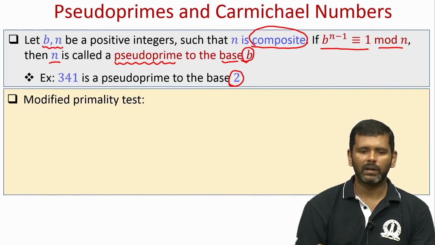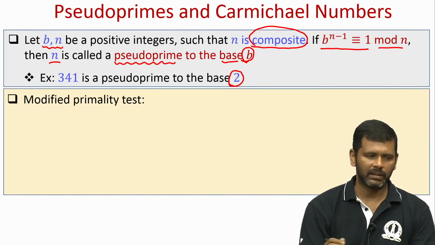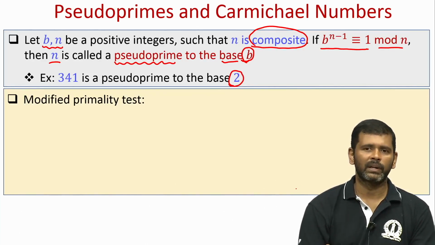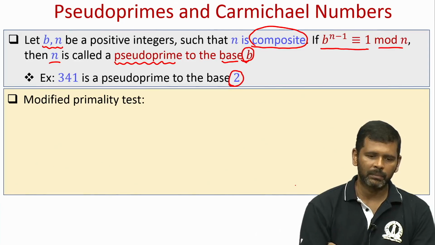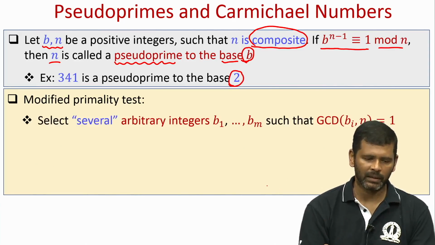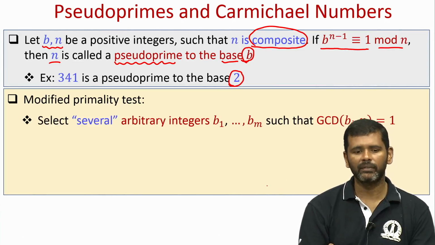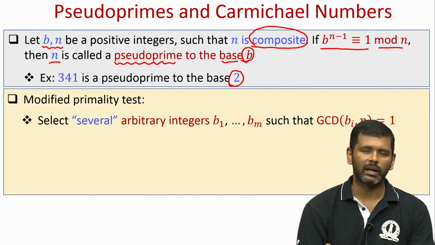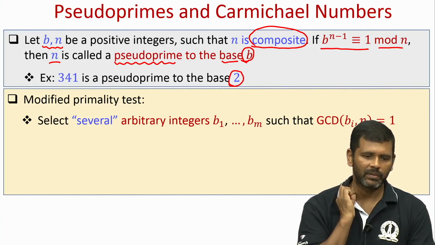So, now as I said earlier, you might try to run the primality testing algorithm with respect to several bases for a given number n, with a hope that if your value n is composite, you hit upon some base for which the conclusion of Fermat's little theorem is not satisfied.